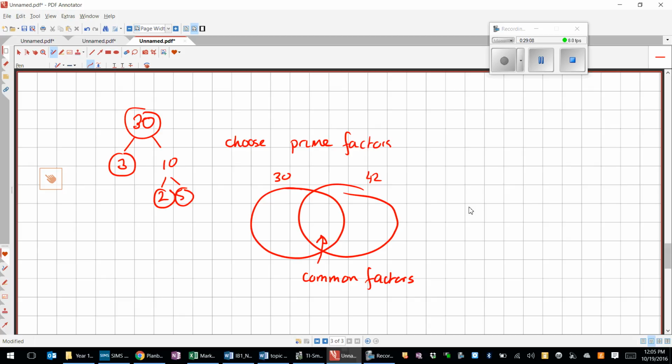Some people did very well and wrote common factors and then what's left. You don't have to write a long sentence of take out, but if you did, it's fine. You could just go what's left, choose the prime factors, it's important, common factors, and then you had to write, multiply the numbers in the Venn diagram.